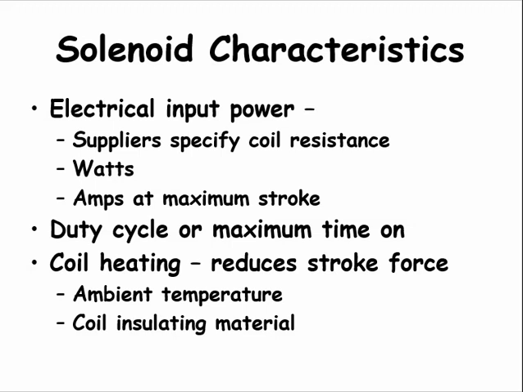An energized coil will produce heat, and heat reduces stroke force. So coil heating can be another important characteristic to consider if the coil will be used in warm or hot areas. Coil insulation levels impact the heating too.